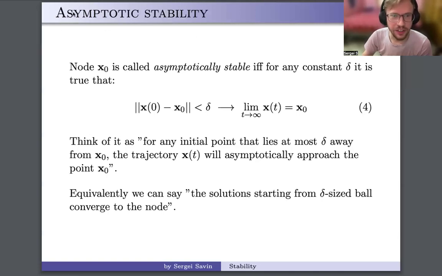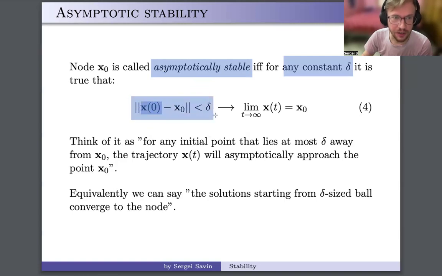Now, here is the notion of asymptotic stability, right? Asymptotic stability. It goes like this. The system is a system or a node, in this case, right? The node x0 is asymptotically stable if for any constant delta, it is true that initial conditions being within delta distance of x0 implies that as time goes to infinity, the solution will approach x0.